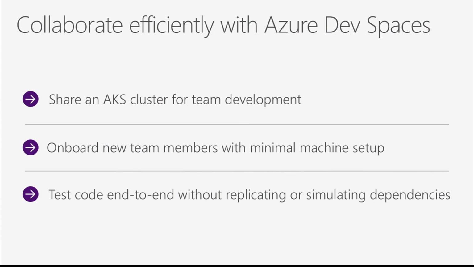Another benefit here is that you can test your code end to end. You don't have to simulate dependencies because the service that you're working on is also running up in that shared team cluster. And it has access to all the other services that are running there. You don't have to write stubs and keep those in line with what's going on with the actual production services.